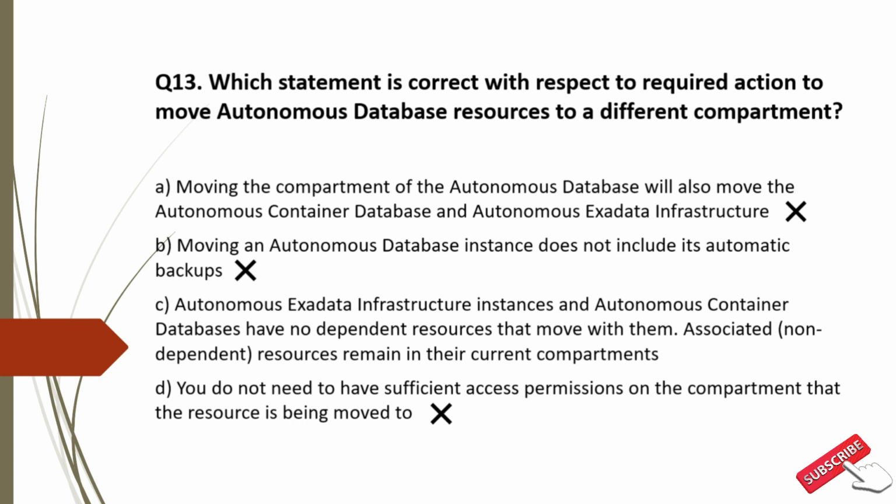So the correct option is option C. Autonomous Exadata infrastructure instances and autonomous container databases have no dependent resources that move with them. Associated resources remain in their current compartments. This is another way of selecting the correct answer by eliminating incorrect options. So the correct option for question 13 is option C.